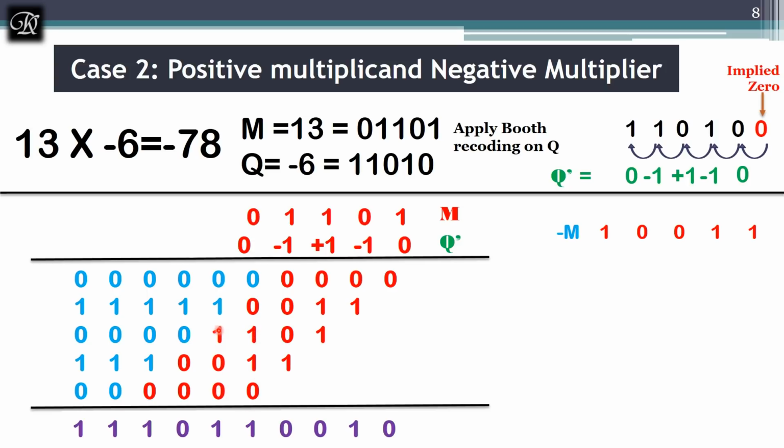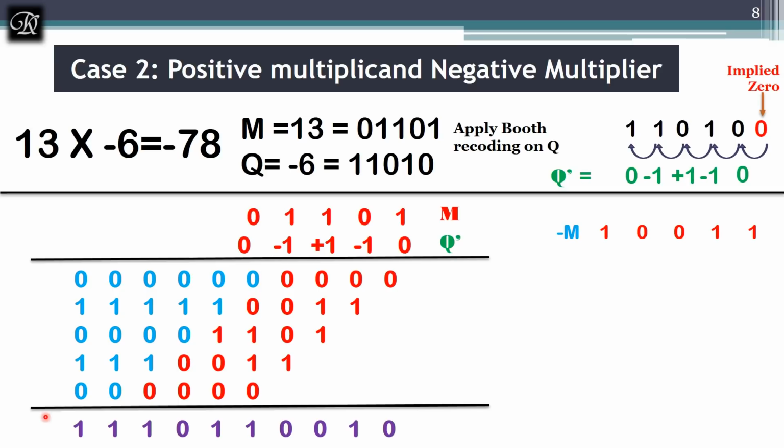Again 1 plus 2, it is 3, I write 1 here, and carry will be 1. 1 plus 1 is 2, I write 0 here, carry will be 1. And here already 2 bits are there, carry is 1, so it is 3. I write 1 here, and 1 will be carry. Again it is 2 plus 1, it is 1, and carry will be 1. Again it is 2 plus 1, it is 1, and I will not consider the carry because I am only bothered about the 2n bits.